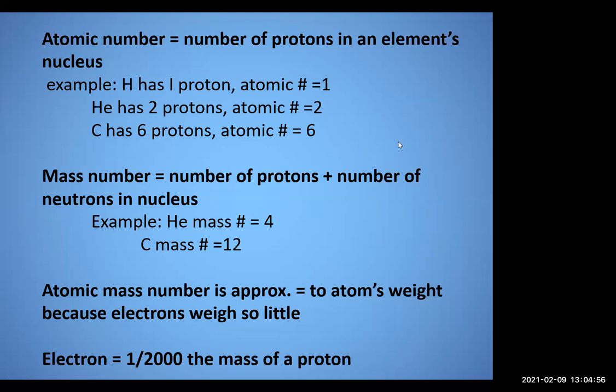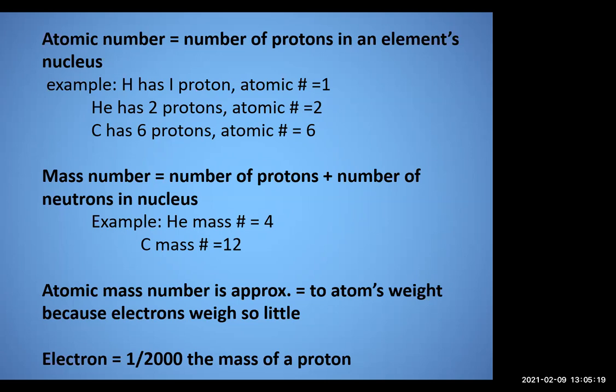Okay, so again, put this in your notes: the atomic number is the number of protons in an element's nucleus. So for example, hydrogen has 1 proton, its atomic number is 1, helium has 2, for an atomic number of 2, carbon has 6, atomic number of 6. The mass number is the number of protons plus the number of neutrons.